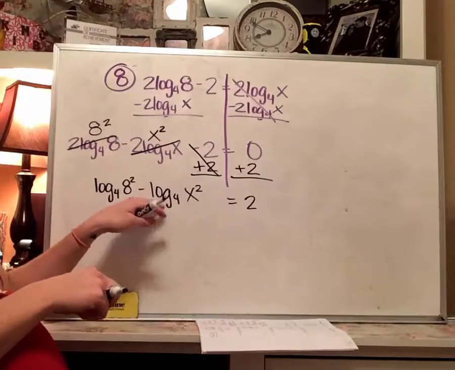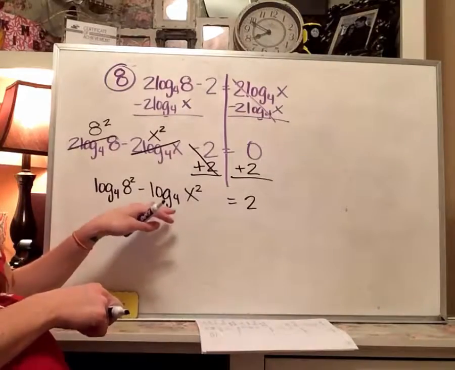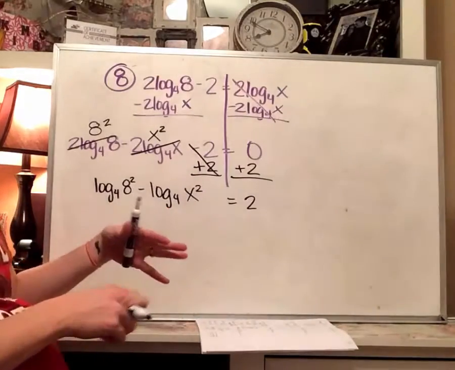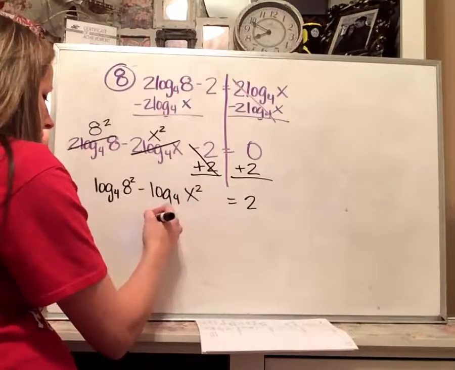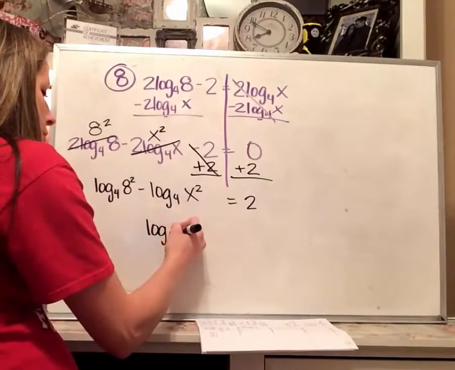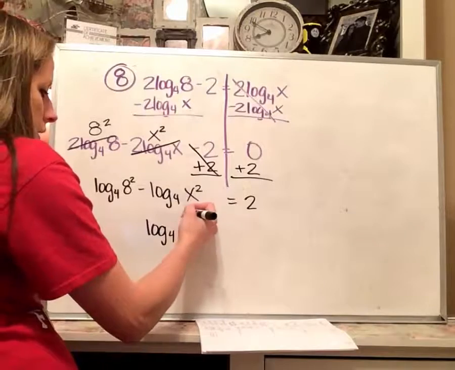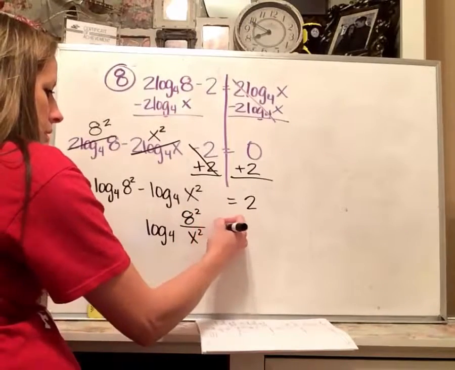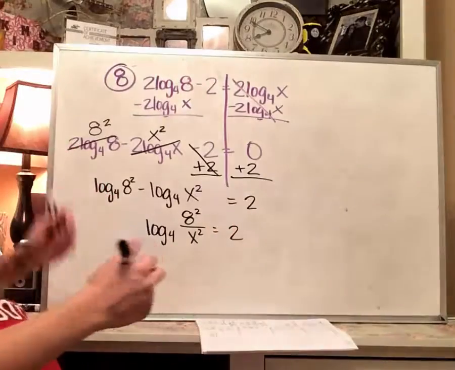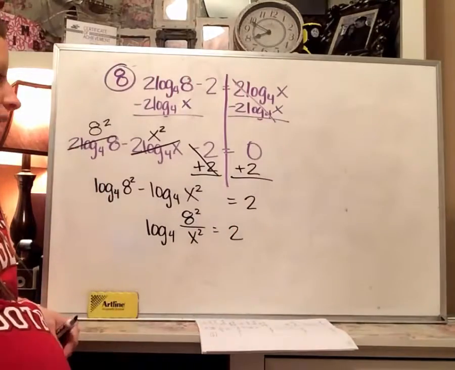Another law of logarithms is that whenever you're subtracting and you want to condense it, you're going to divide. So log base 4 of 8 squared divided by x squared equals 2. So I just condensed the left side.